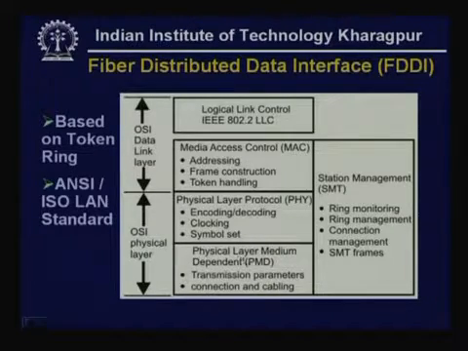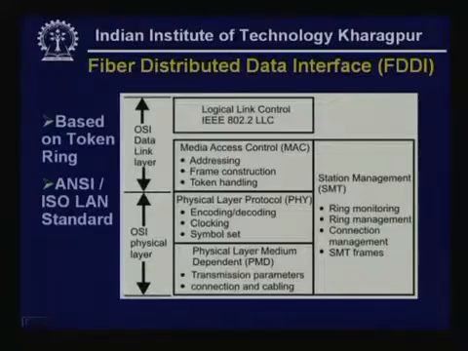One is the physical layer, medium dependent, PMD. That means, as we shall see, there are several mediums which can be used in FDDI: optical fiber, then twisted pair, so there is a need for a separate medium dependent physical layer. It decides the transmission parameters, connectors, and cabling. This is the function of this sublayer.